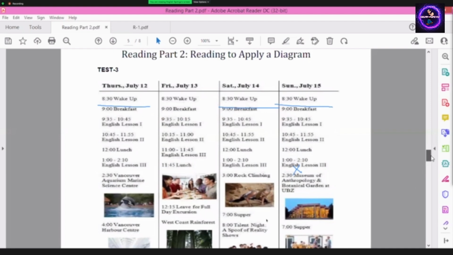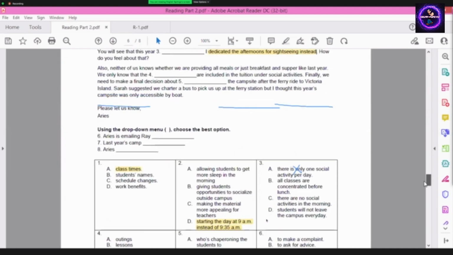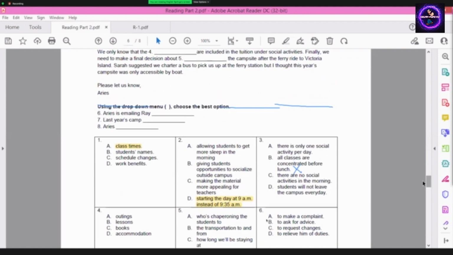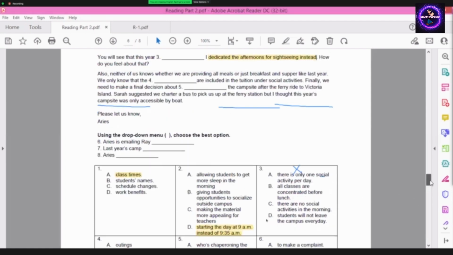So again, we can eliminate the first option. There are no social activities in the morning. That looks apt, because there are none. That's true. Then, there's only one social activity per day. Doesn't look like it, right? I want to see the diagram again. Yeah, sure.